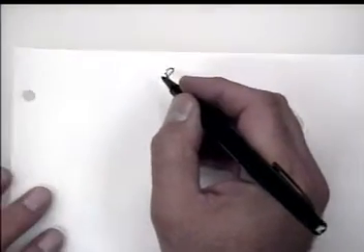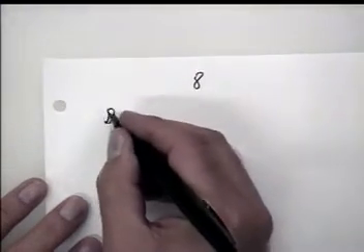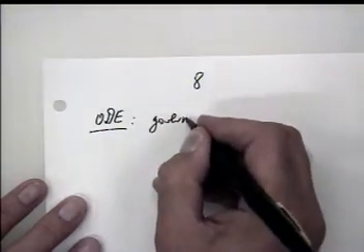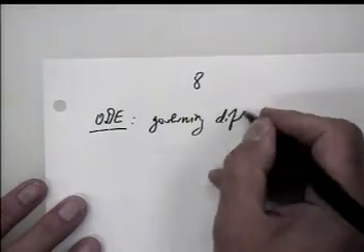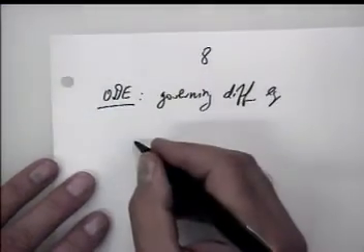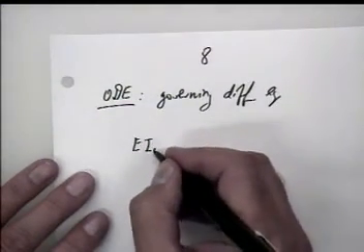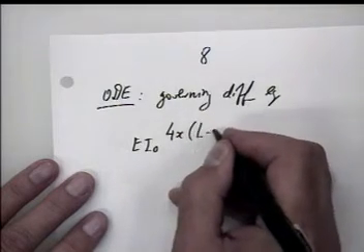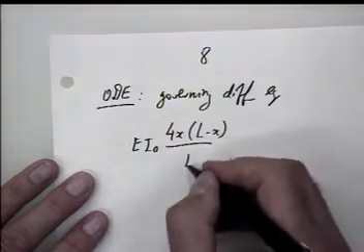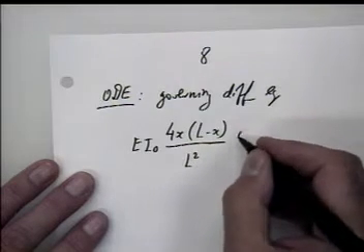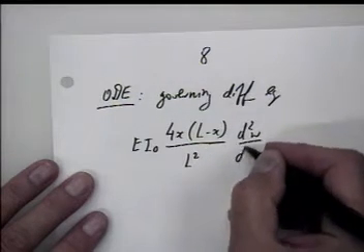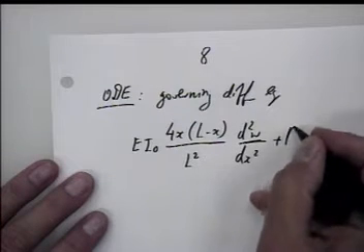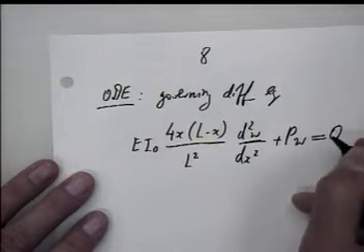Then Duncan says, okay, the governing ordinary differential equation will be E I0 times 4x, L minus x, over L square, d2w dx square, plus P w equals 0.